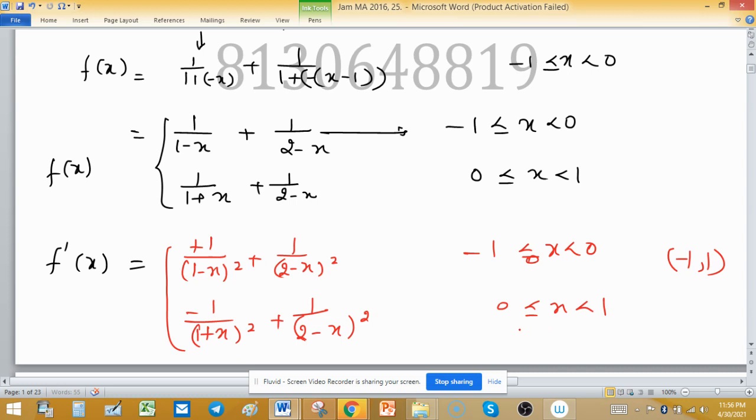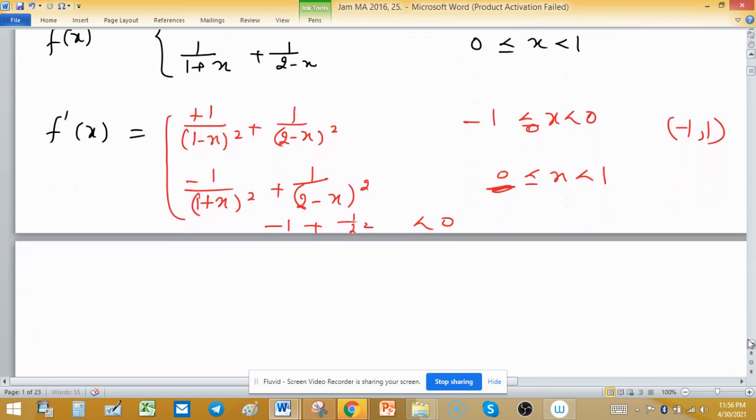So at 0, this value is 1/(2 squared) minus 1, which means negative. So at 0, f'(x) is less than 0.